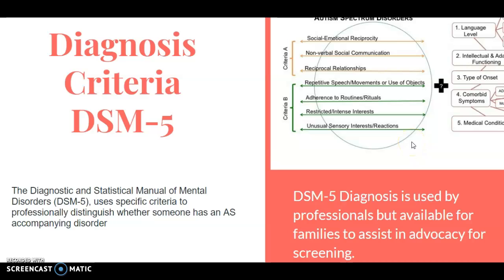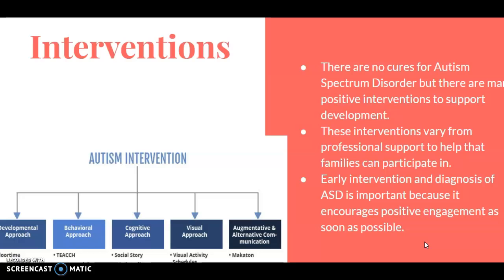As I've mentioned before, autism is a spectrum, so people will show varying degrees of these different criteria, but all are represented in the person who is on the autism spectrum. It's used by professionals, but available for families to understand more about autism.